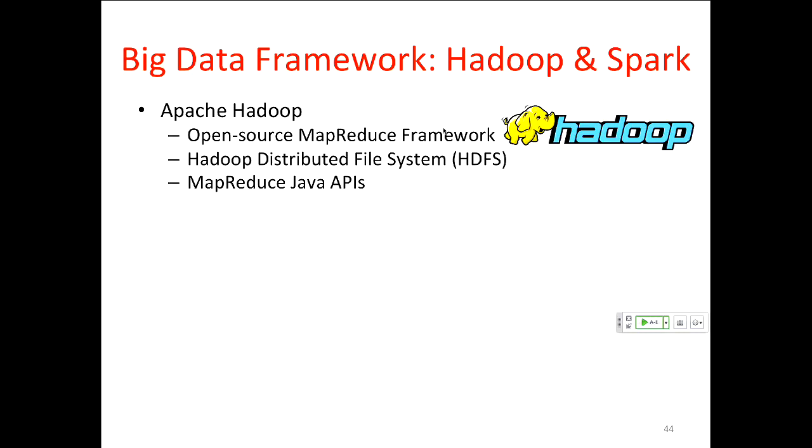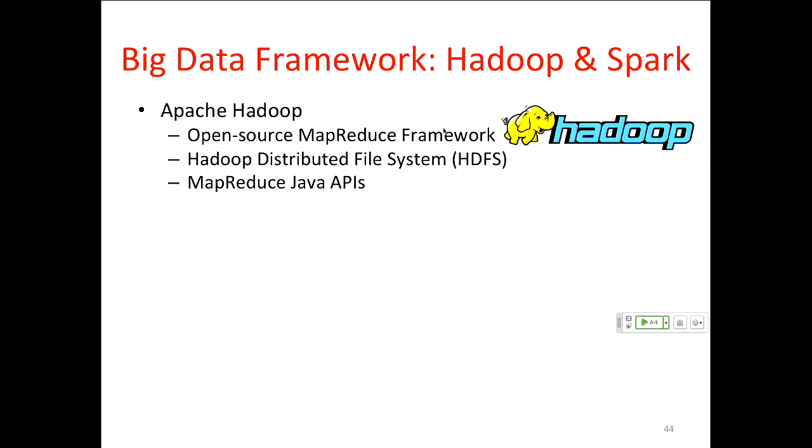Basically, it consists of two main parts. It provides the file system which manages the files across multiple disks, okay? And it also provides MapReduce Java APIs, so you can implement MapReduce in Java by using its interfaces, okay?